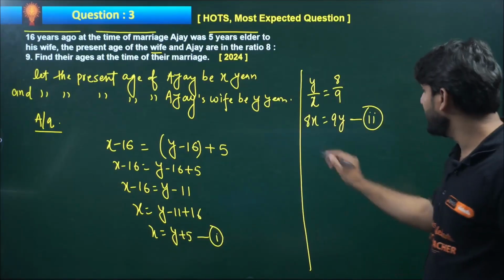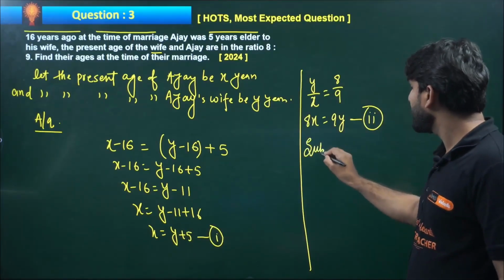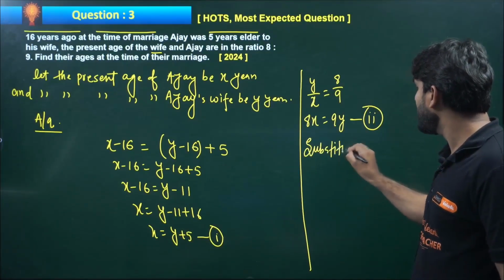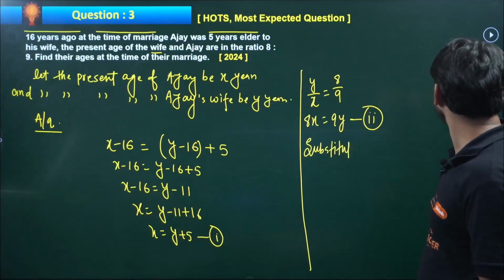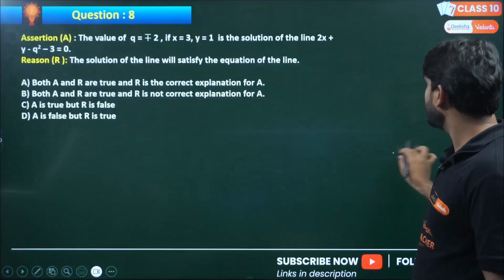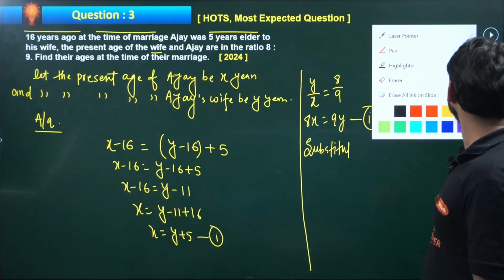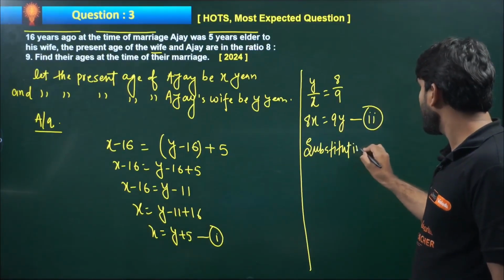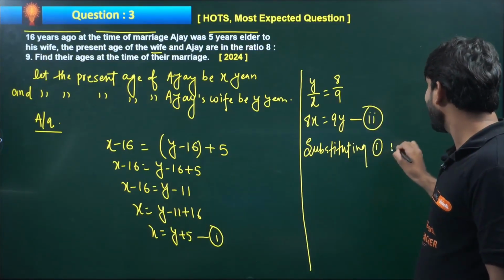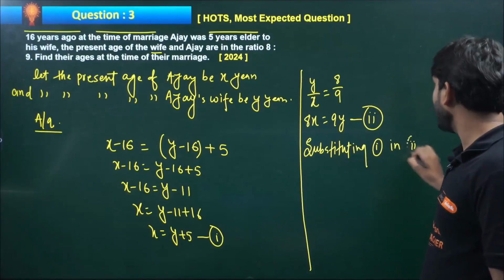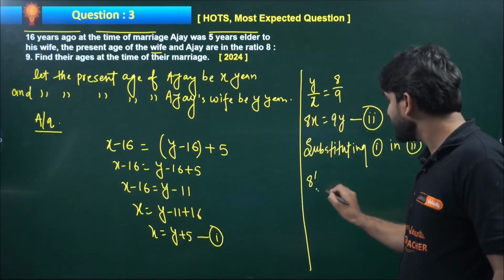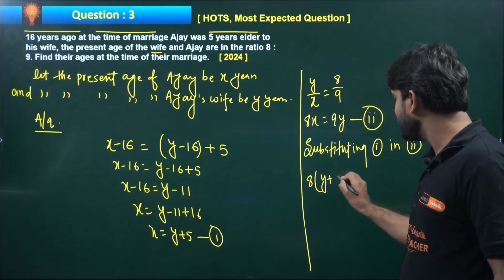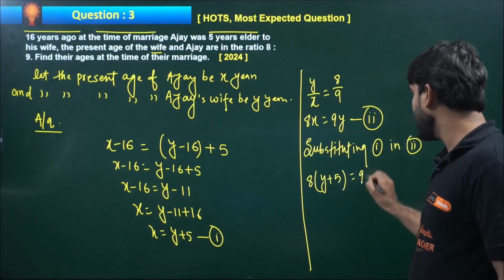Substitute. So substituting 1 in second, what will happen? So this entire one will come here at the place of x. So 8 and x will be replaced by y plus 5 is equal to 9y.